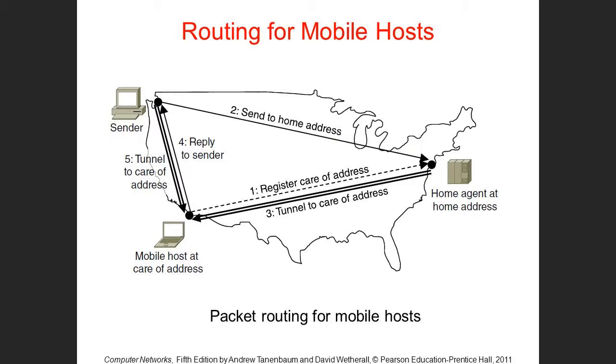Now to do all this, the approach followed is tunneling. If you remember, in tunneling we used to encapsulate the traffic of one type of data into another type of data.